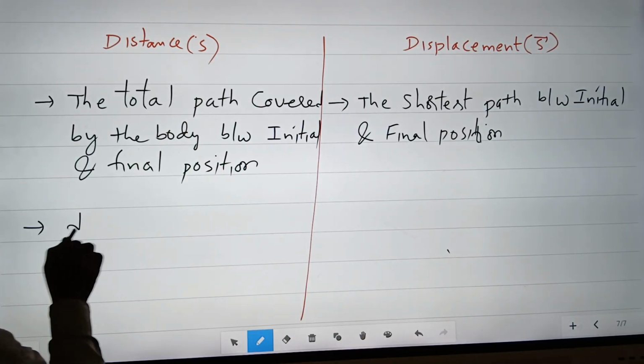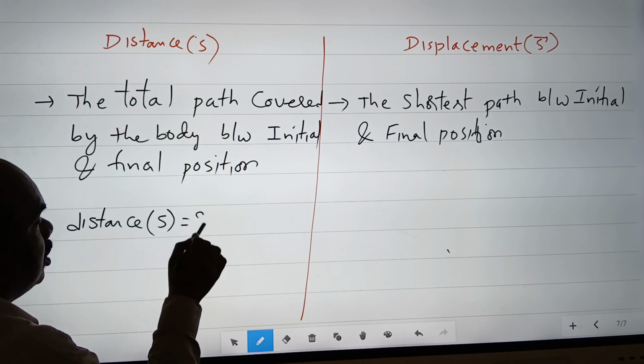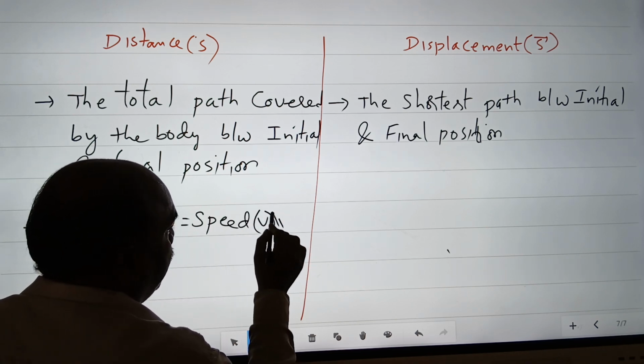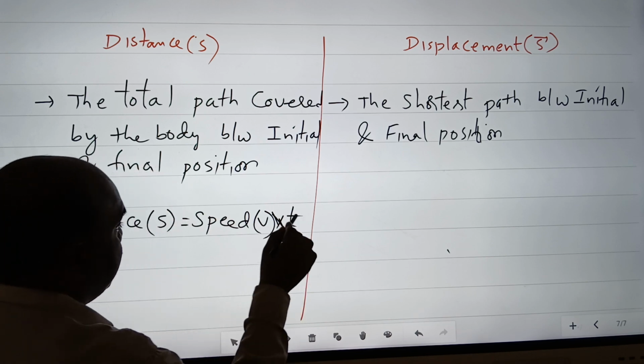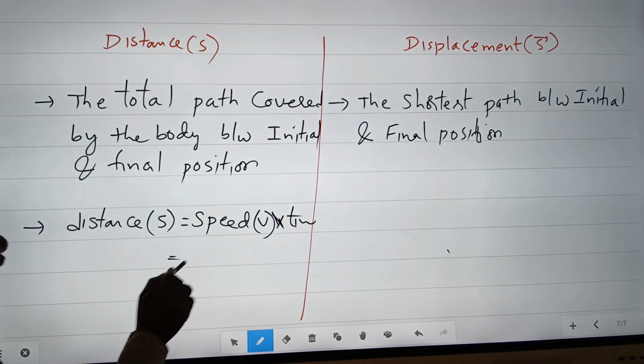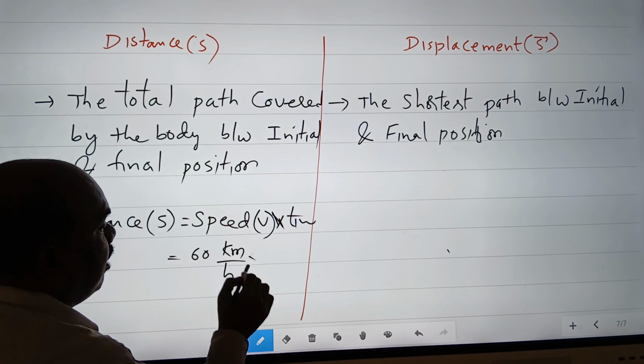Second point, distance is equal to, what is the formula? Distance equal to speed into time. That means, suppose your speed is 60 km per hour. You travel 5 hours.